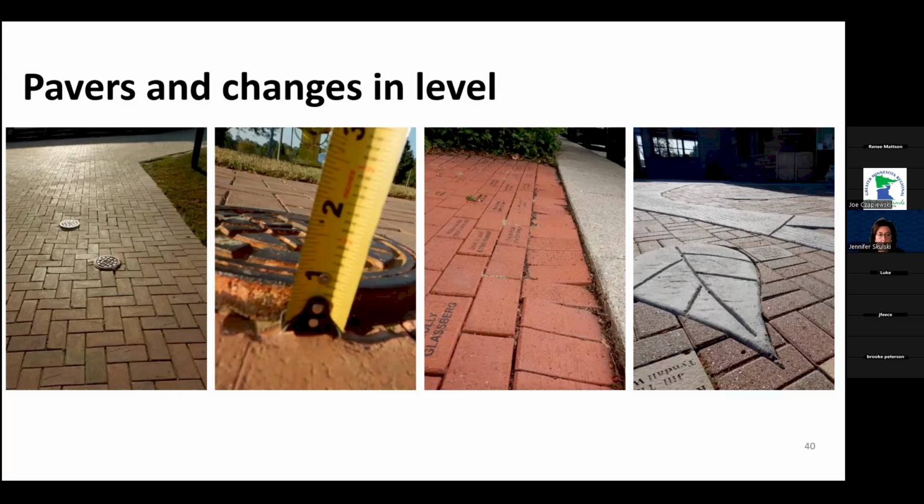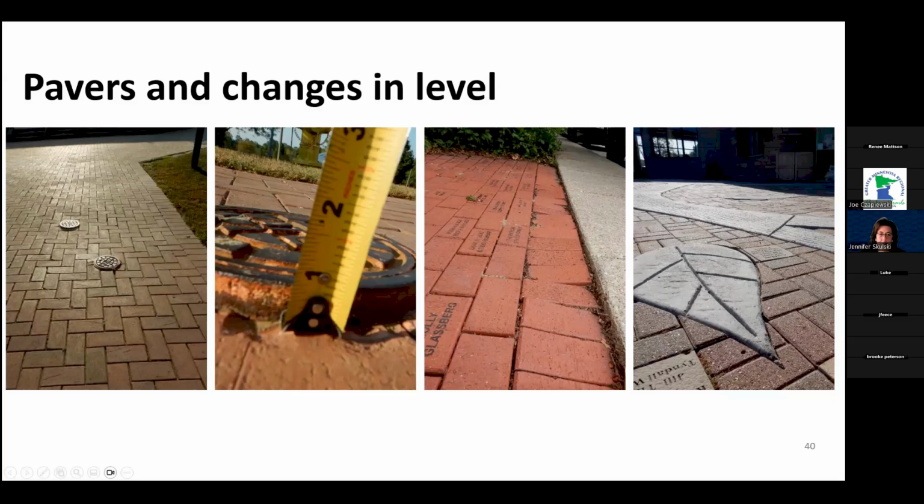And oftentimes with these kinds of changes in level, we will see the complaints arise out of safety issues much quicker than they do out of accessibility. You're much more likely to have somebody trip and fall and maybe file a lawsuit against you that way versus it being an accessibility or an ADA complaint. So just something to think about there too. Can you tell that I'm not a fan of pavers?